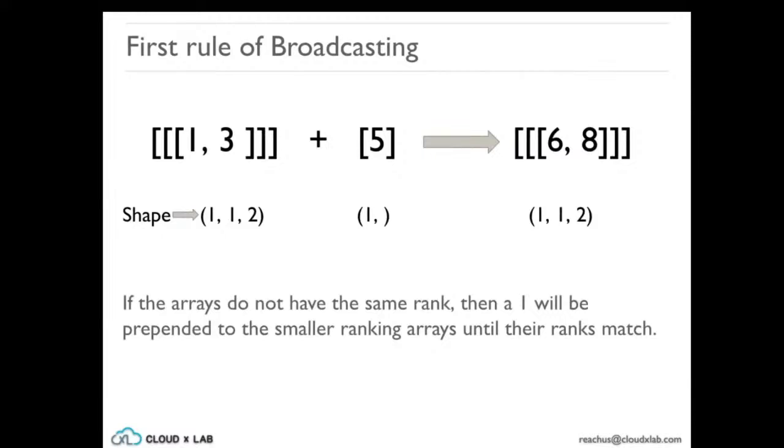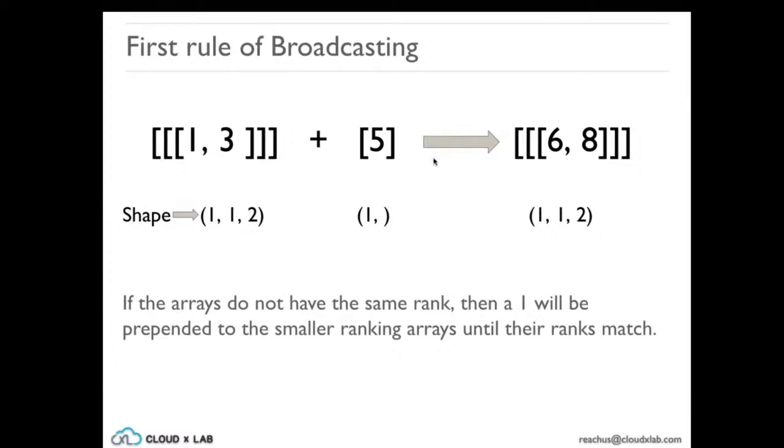So I mentioned there are two rules of broadcasting. If I do something like this, the shape is 1 comma 1 comma 2, and here the shape is 5. It's like a single scalar that's getting added. This number gets added to all of it together. Essentially, ones will get prepended to the smaller rank until the ranks match. So you just add it everywhere effectively.